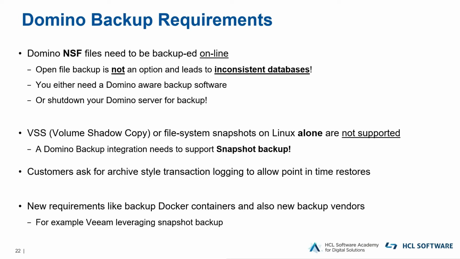So to create a backup that is really reliable and not run into issues with open databases that need a fixup when you restore them, you really have to use a backup API aware application. So even using volume shadow copy on Windows, where you take a snapshot of all the databases, will only give you a crash consistent backup. That means we always need a solution in place to do the backup.